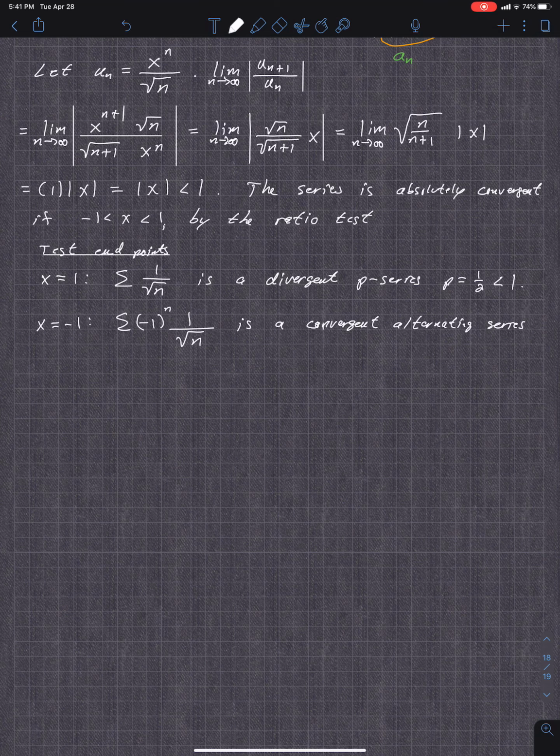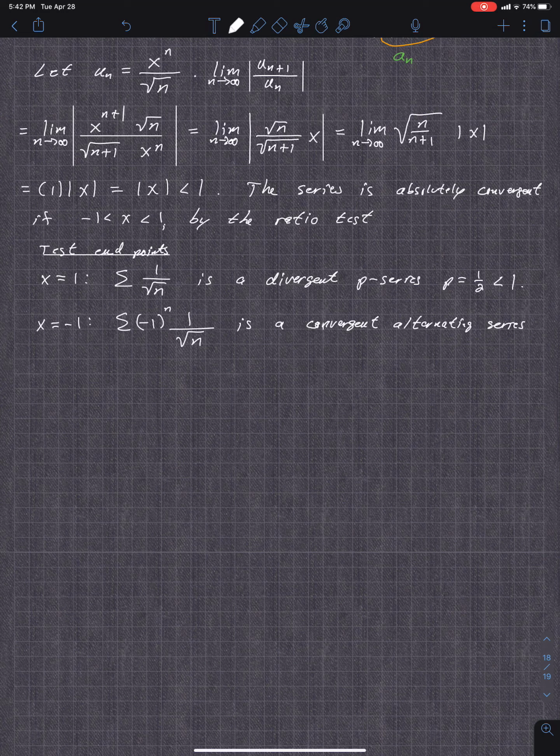I mean, you wouldn't have to prove that one, you'd have to just say it. Earlier, before you do this, you'd have to show that it's decreasing and alternating and all that.